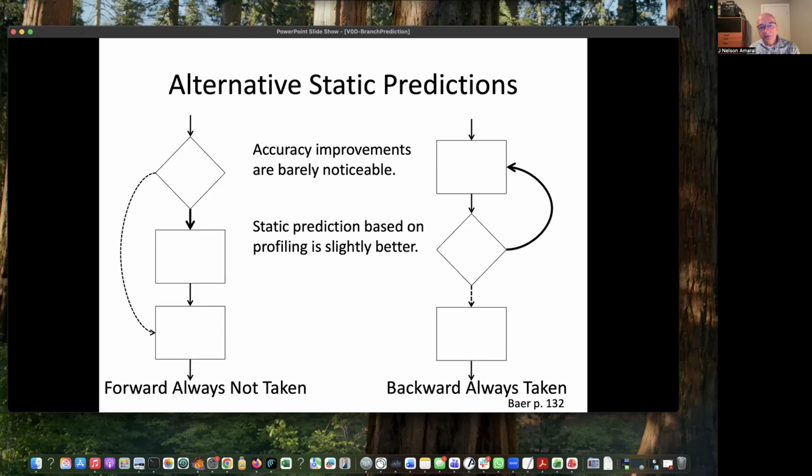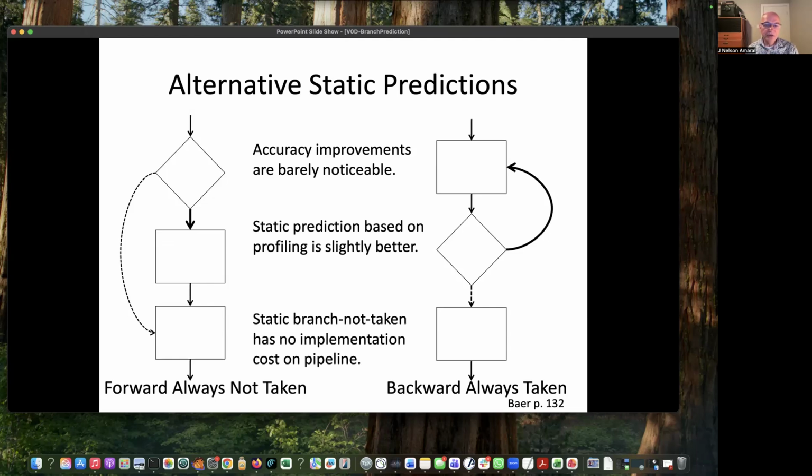And if you do a static prediction based on profiling, which means you have collected information from previous executions of the program about which direction specific branches have gone, and now you use this information, you get slightly better performance.